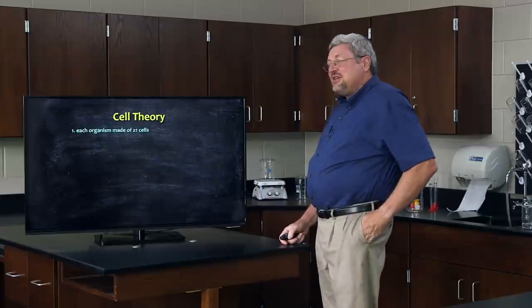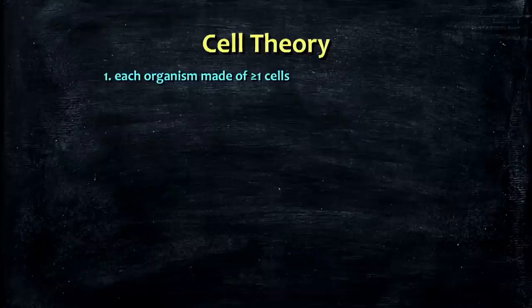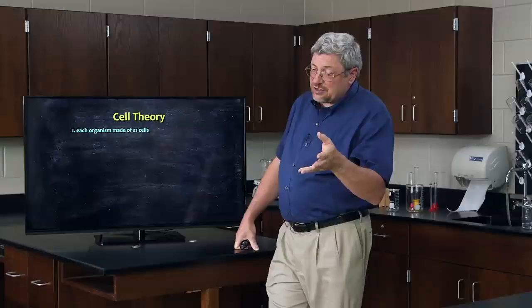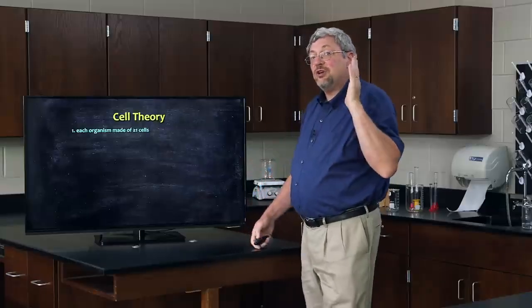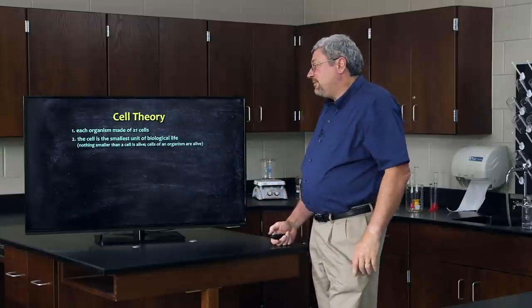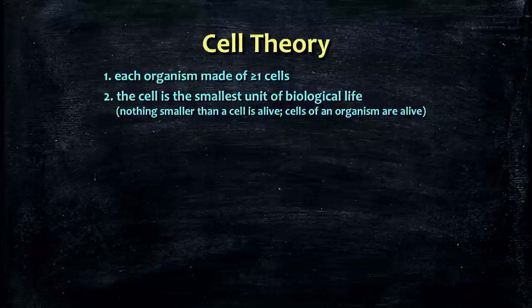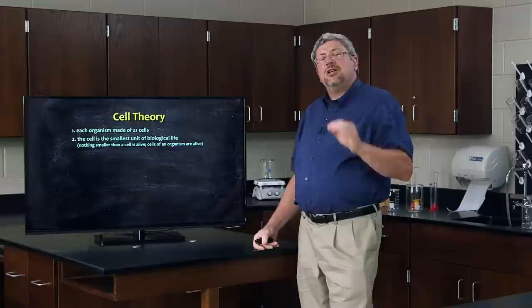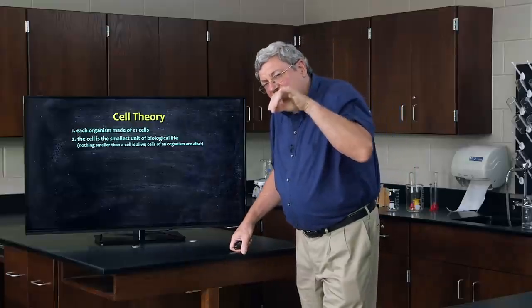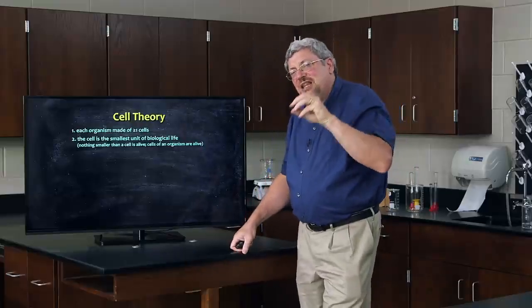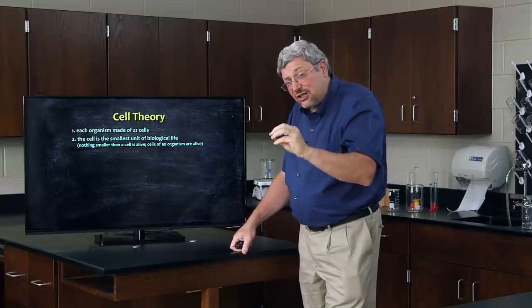Cell theory made these claims. First of all, every organism, no matter what it is, small or big, is made of at least one cell. It's either a one-celled organism or a multi-celled organism. All organisms are made of cells. Second, the cell is the smallest unit of biological life. Here the idea is our bodies are made of trillions of cells. The claim here is that every cell in our body is a living thing in the sense of biologically living.